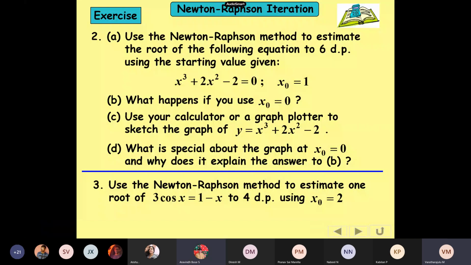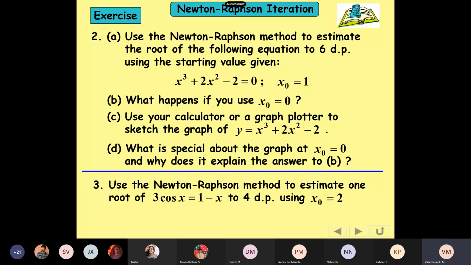The answer is 1, right? Answer minus answer power 3, plus 2 answer squared minus 4, divided by 3 answer squared plus 4, right?